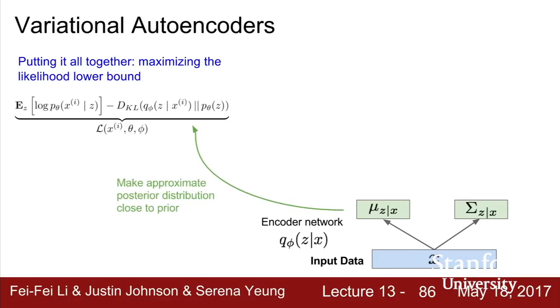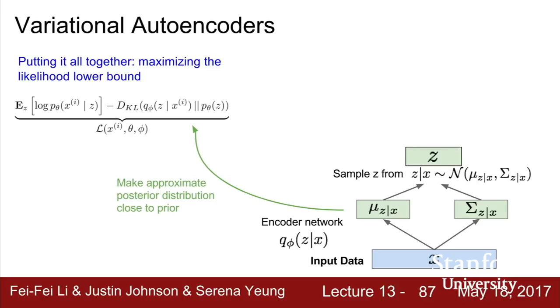From this q of z given x, we get the terms that we use to compute the KL term. Then we sample z from this distribution of z given x, so we have a sample of the latent factors that we can infer from x.